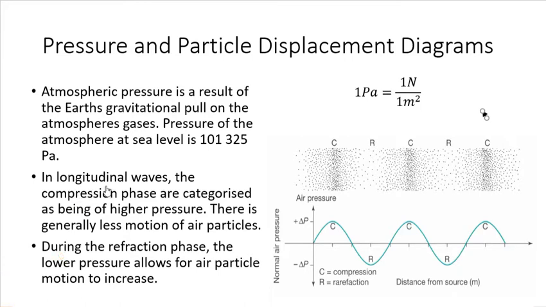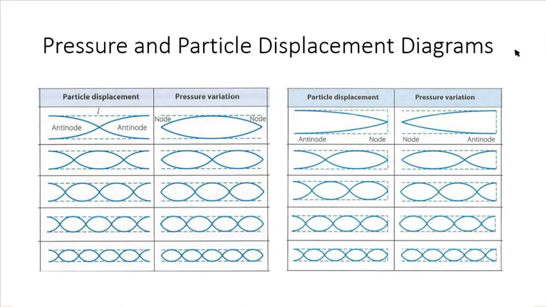I digress. If we have a look at these diagrams, this is where the confusion comes up, because certain sources present them as particle displacements, which is they emulate how much movement the particles are experiencing by the nodes, and the antinodes represent the maximum motion that the particles can experience.